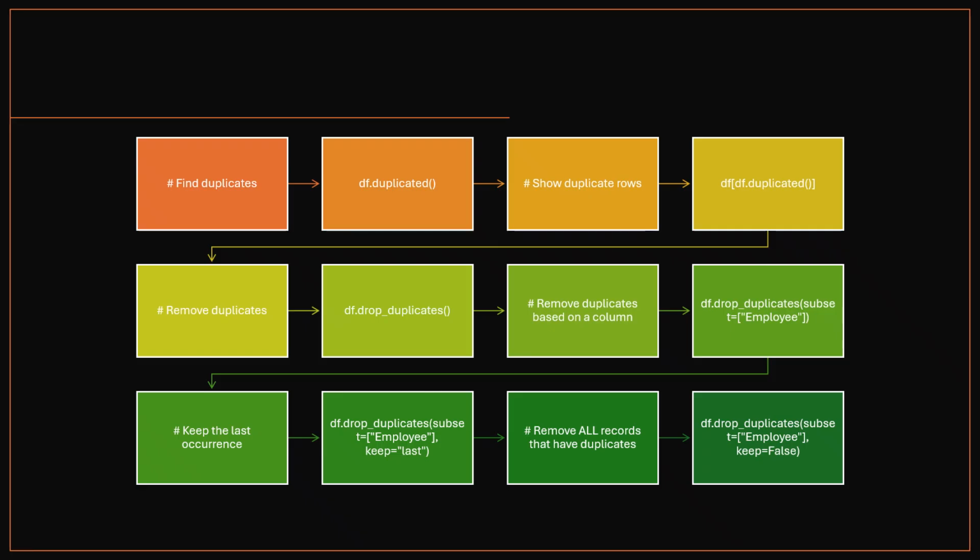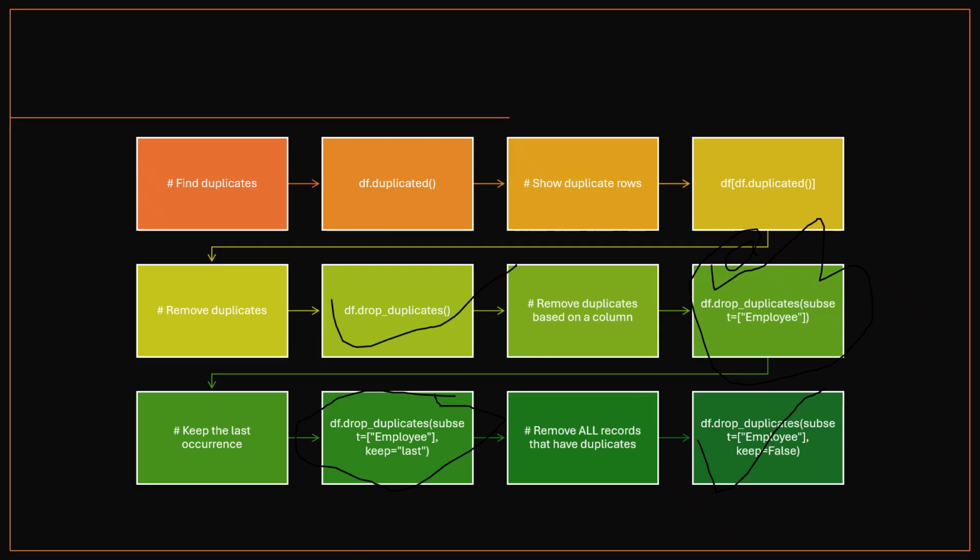If you want to remove duplicates based on a single column, you can see the flow here. The next step is df.drop_duplicates with subset equal to the columns you want, and you can add the column name and keep the last occurrence: df.drop_duplicates(subset='employee', keep='last').